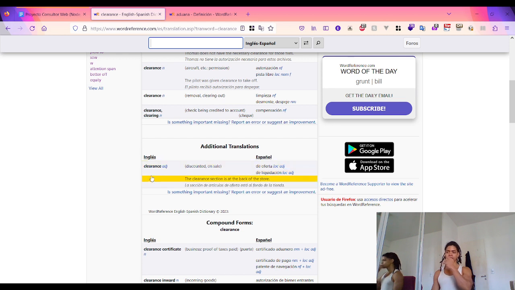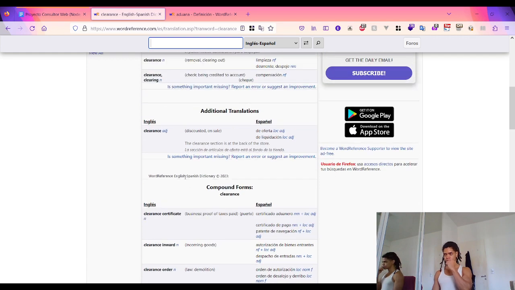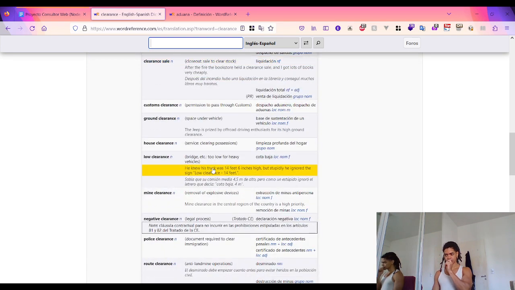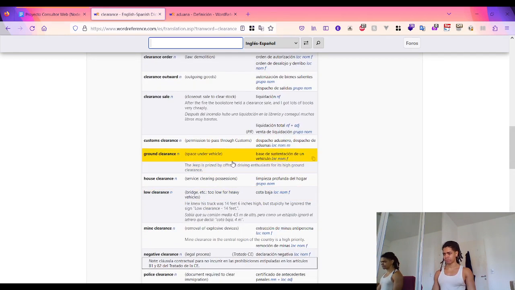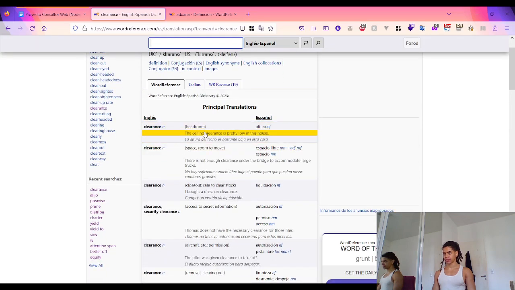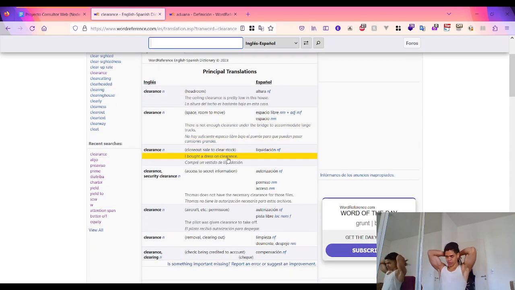An allowance or clearance. Okay, so I'm learning a new word here. Very, very interesting.